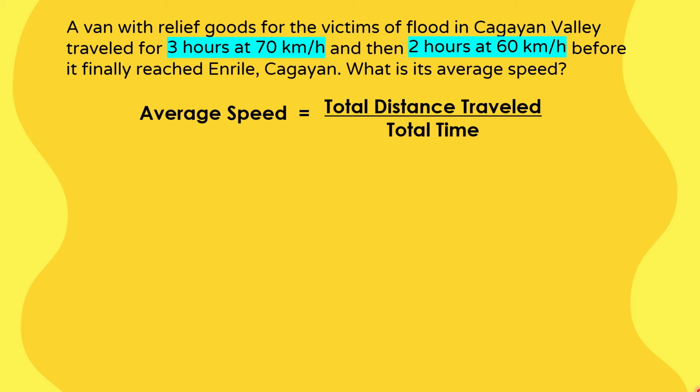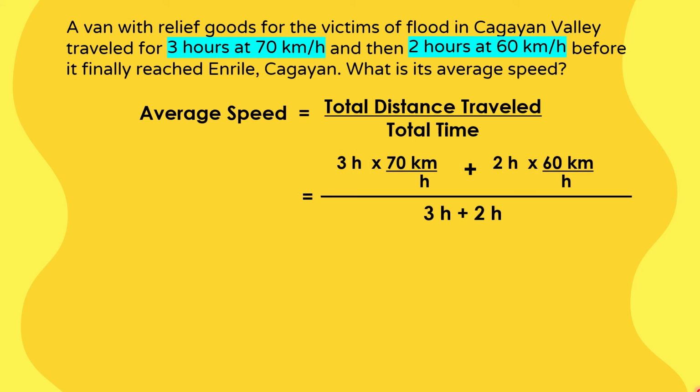Since we have the formula total distance traveled divided by the total time, let us first find the distance traveled for 3 hours at 70 km per hour. To find the distance, we are going to multiply time by speed. So we have 3 hours times 70 km per hour.